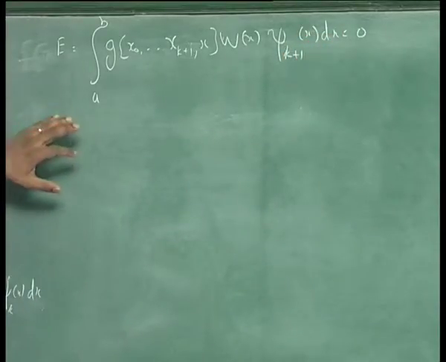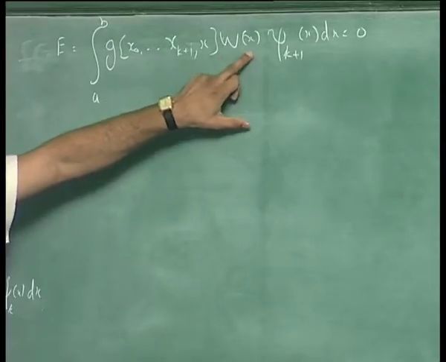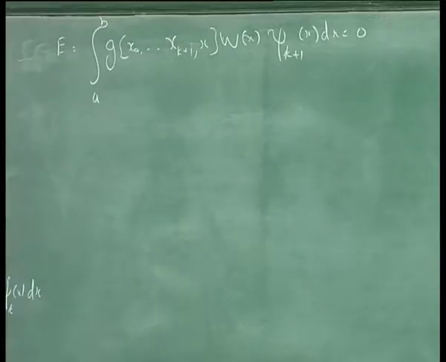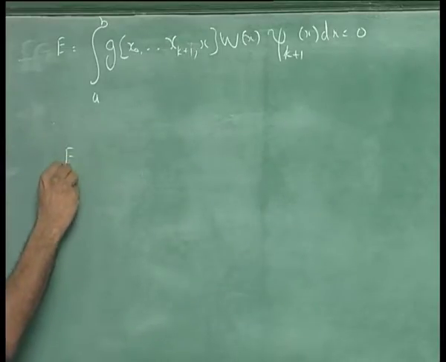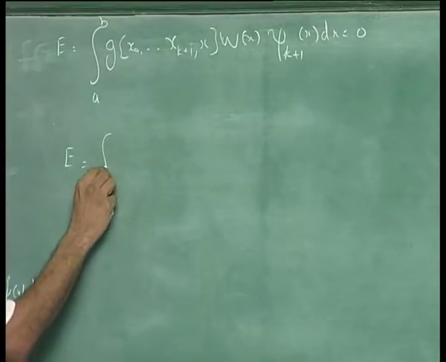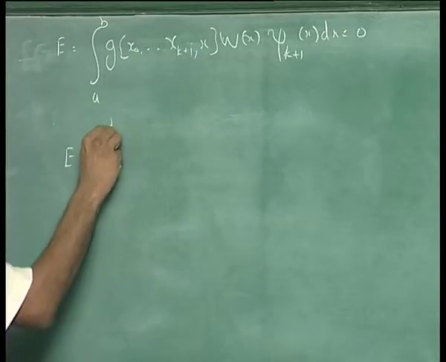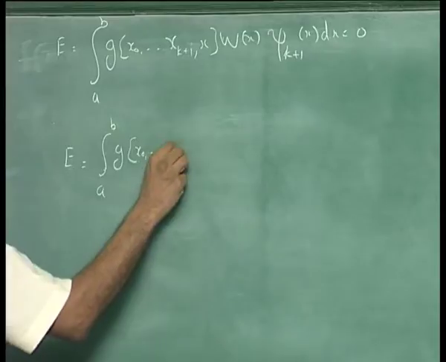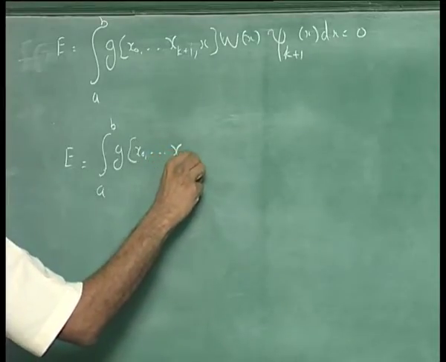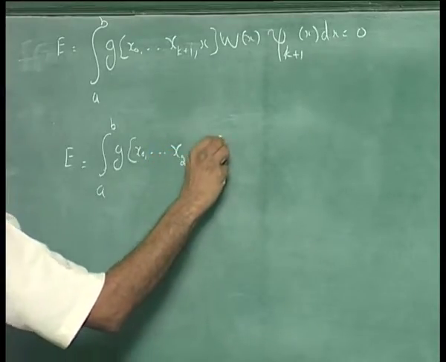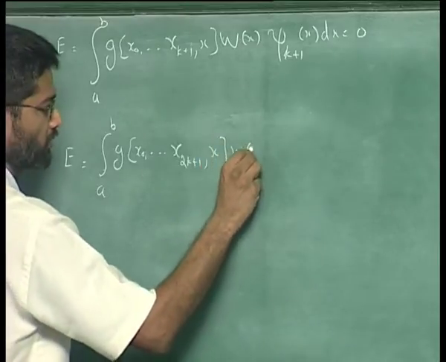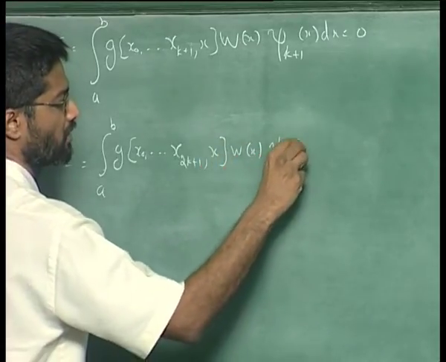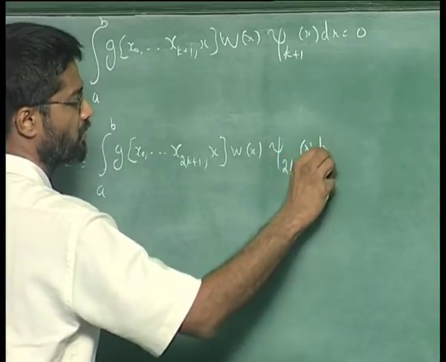And if this term, the integral of w of x psi_{k+1} of x dx, is also 0, then we would go to higher terms, till we reach the error as the integral from a to b of g[x0, ..., x_{2k+1}, x] w of x psi_{2k+1} of x dx is equal to 0.